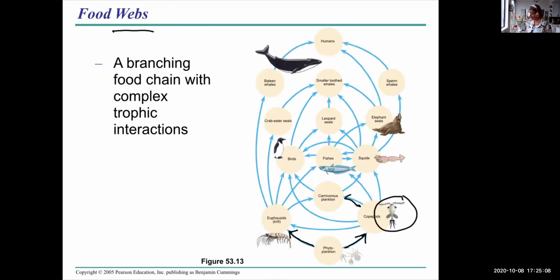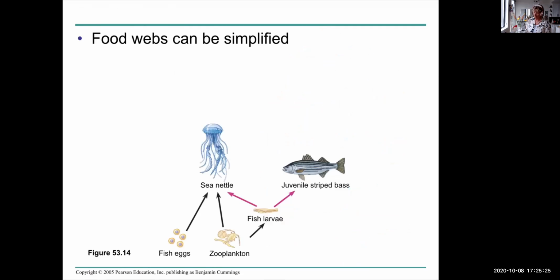Copepods are eaten by different kinds of plankton, but also by fishes and also by squid. So you can see that it's a complex arrangement. It's not just from one thing to another in a chain. But you can make a chain out of a web if you choose certain organisms.